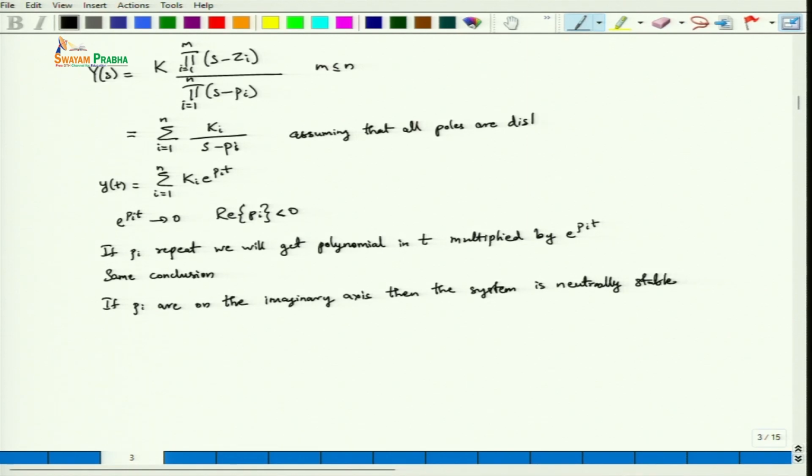So let us consider both. It is neutrally stable and we get an oscillating output basically.